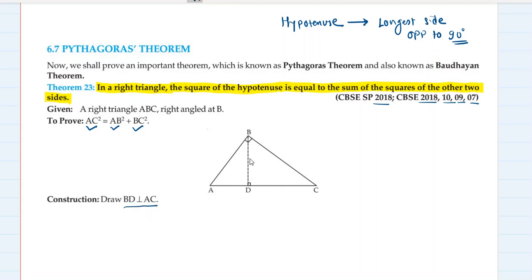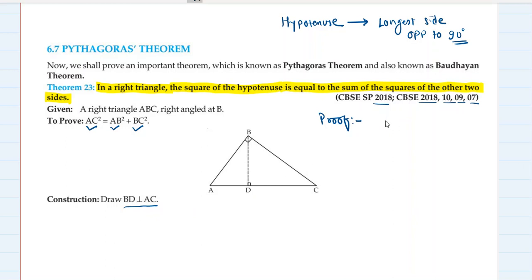After doing this construction, you have to use similarity. So I'm just going to write the proof over here. The construction was BD perpendicular to AC.